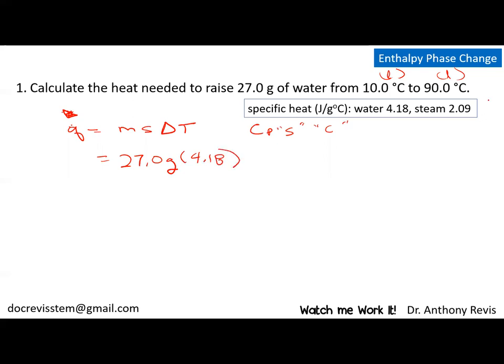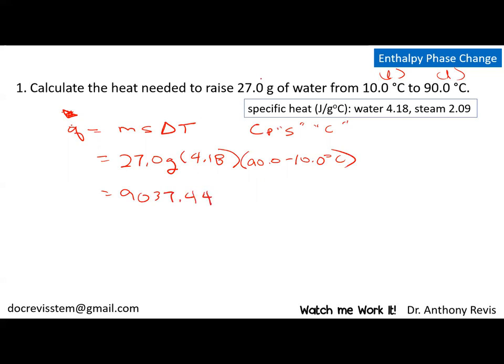times the temperature change. And so this temperature change in degrees C was basically 90.0 minus 10.0 degrees C. And so if we put all these numbers in our calculator and punch them through, we will get 9,037.44.